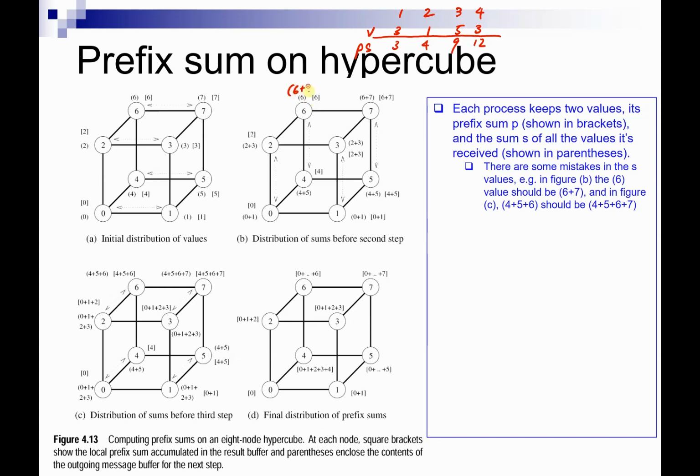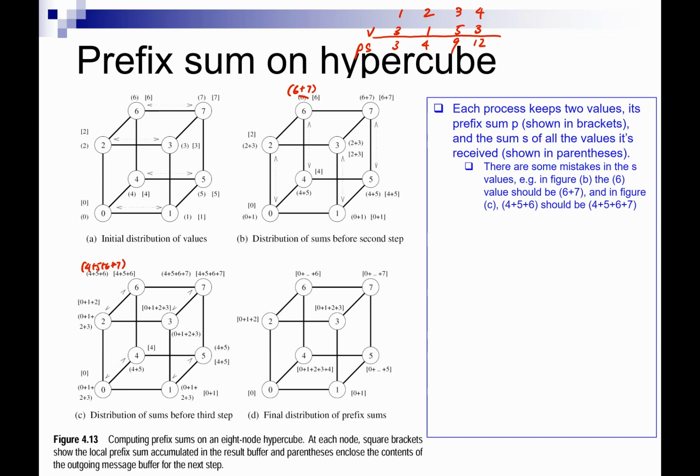And another example is in figure C, this 4, 5, 6 over here should actually include the 7 also. It's kind of bad, but let me write this 4, 5, 6, 7. There are a few other mistakes, but basically the figure is correct.